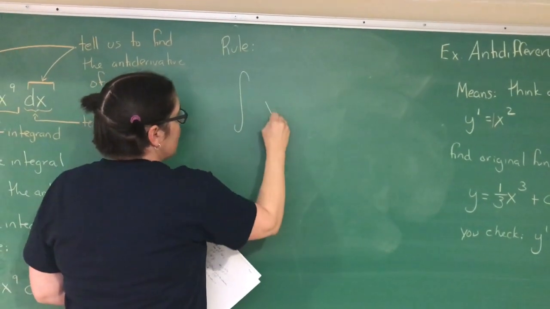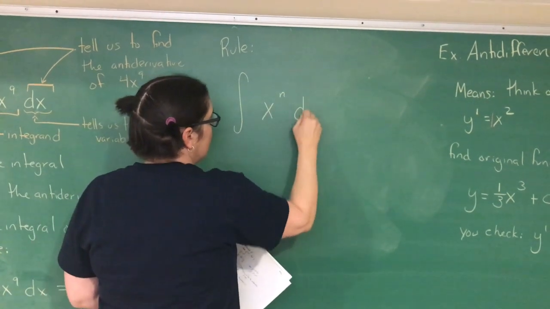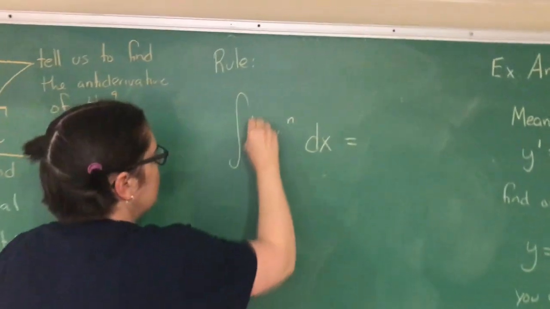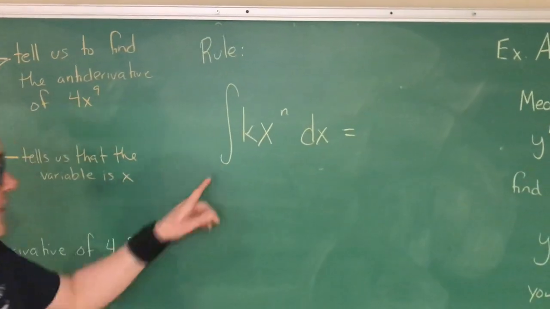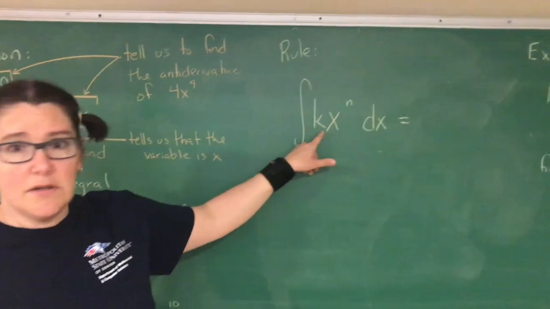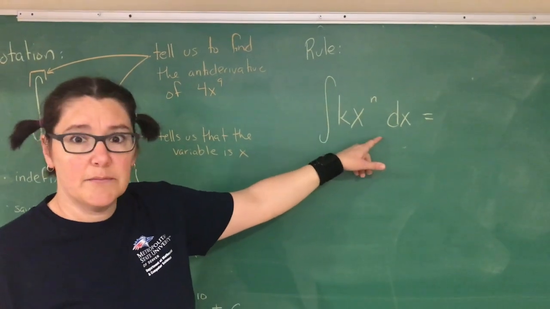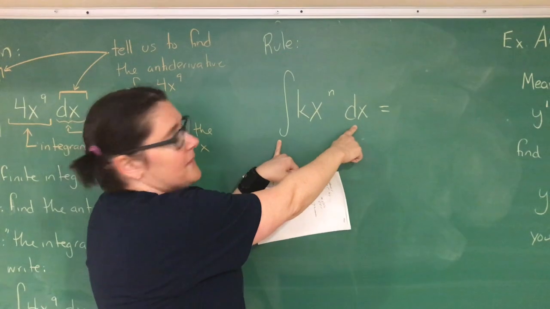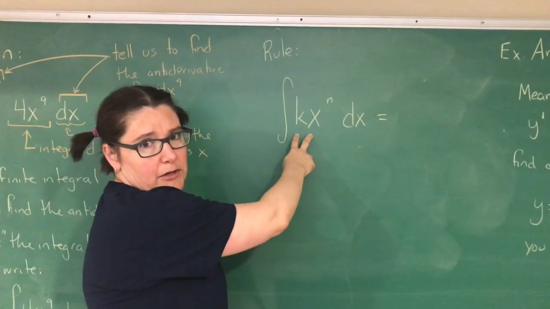for x's raised to powers is that the antiderivative of a number k times x to the n dx is equal to, okay, the integral sign and the dx say find the antiderivative of the thing in the middle.